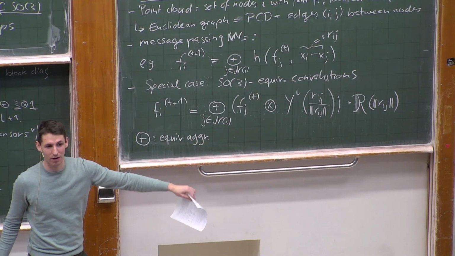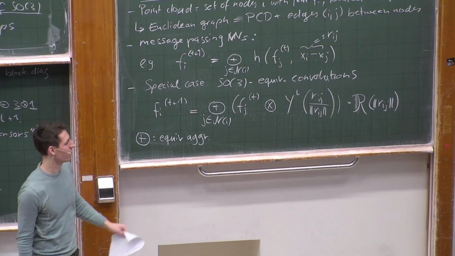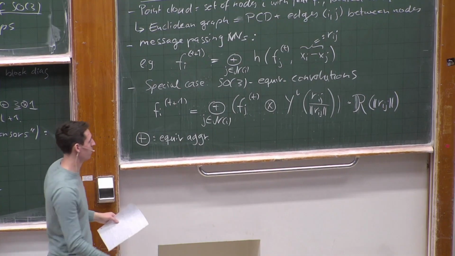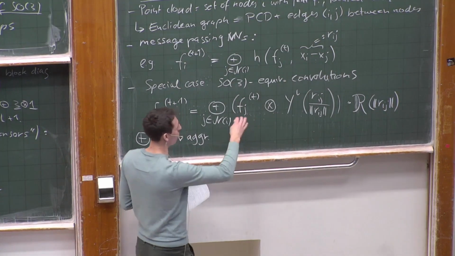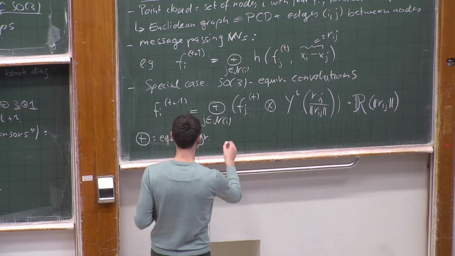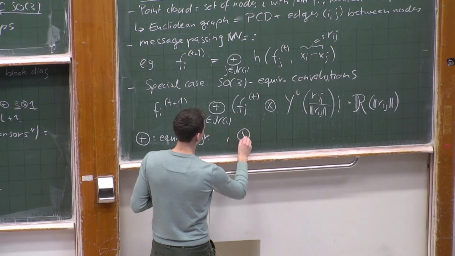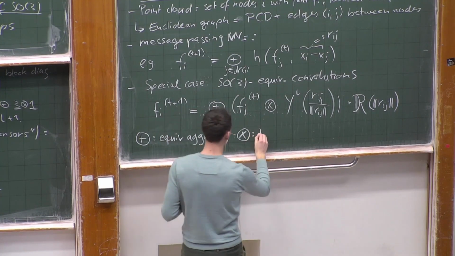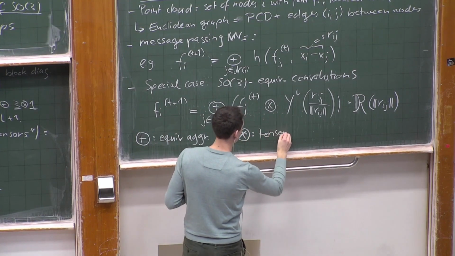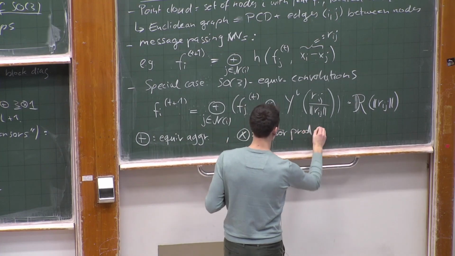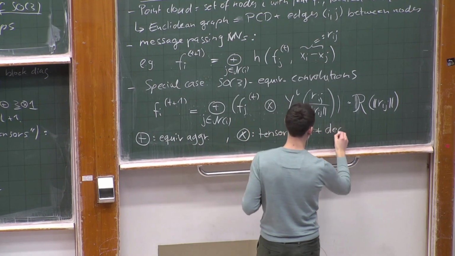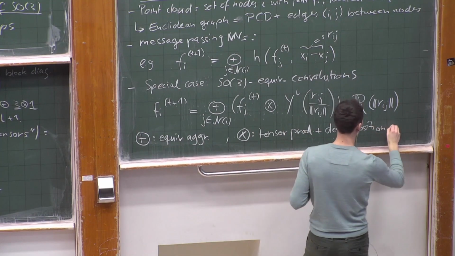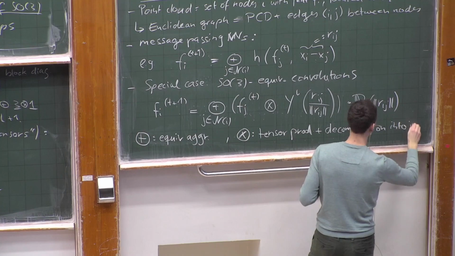To make this equivariant, it could, for example, be the sum or the mean, but not the component-wise max, for example. This would not be equivariant. And then this circled cross here, this is the tensor product plus the decomposition into irreps, which is implicitly included here.